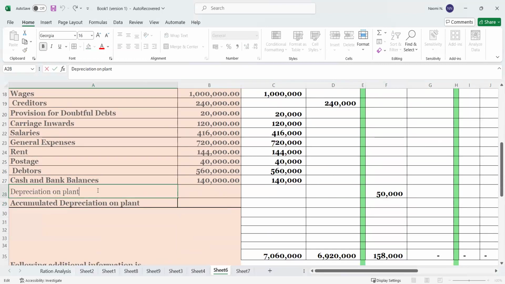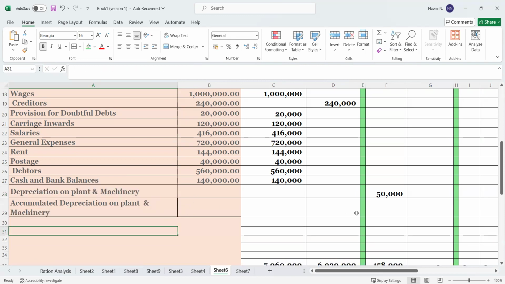So it is plant and machinery. Just make the adjustment there. We'll copy the same, Control V, plant and machinery.